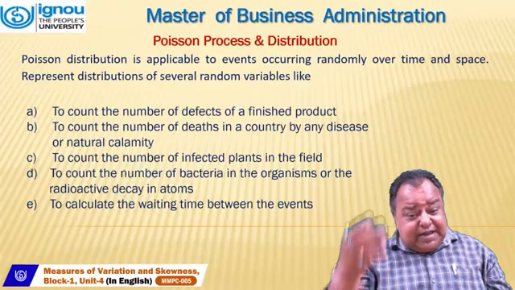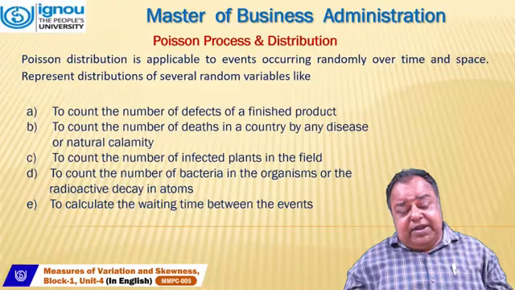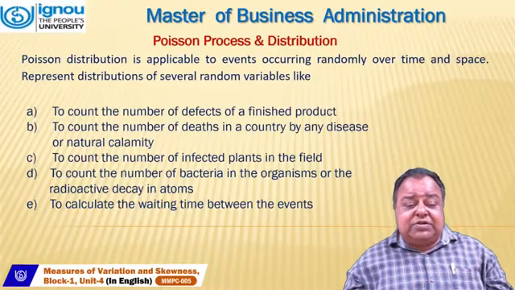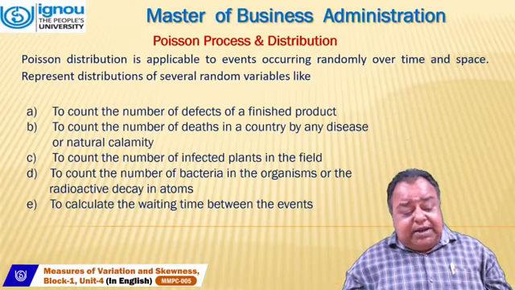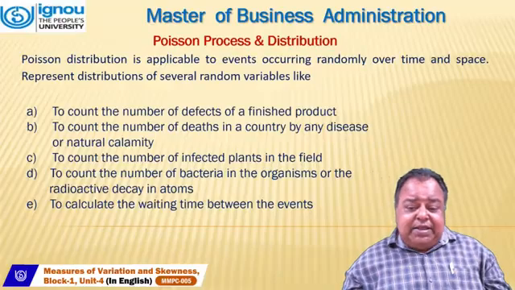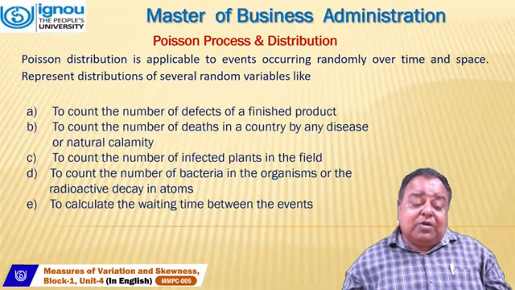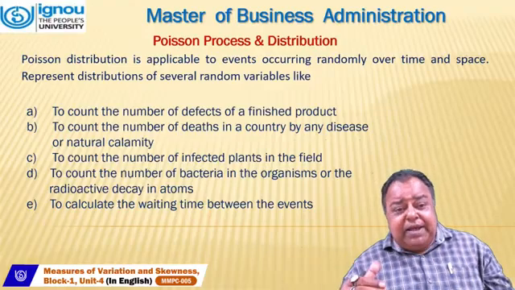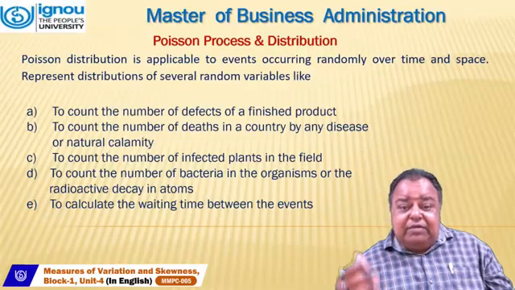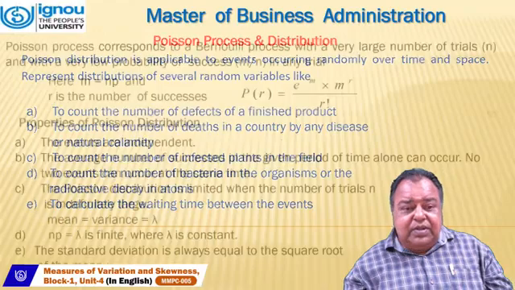See the examples: to count the number of deaths in a country by any disease or natural calamity, to count the number of infected plants in the field, to count the number of bacteria in an organism, or radioactive decay in atoms, or to evaluate the waiting time between two events. Depending upon the nature, we have to evaluate which distribution has to be used.